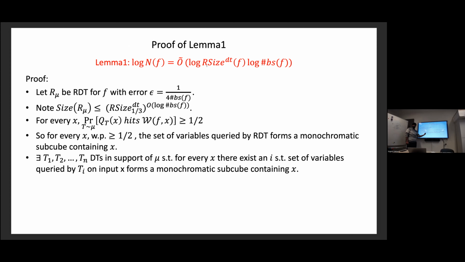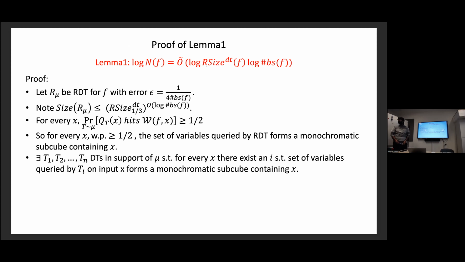The probability that none of them gives me a monochromatic subcube which contains my input is less than 1/2 to the power n. Right. The probability of a bad event, if I just now apply union bound over all inputs, is 2 to the n times something which is less than 1/2 to the n.